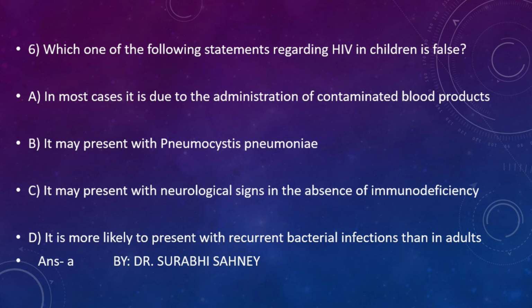Option C, it may present with neurological signs in the absence of immunodeficiency. Option D, it is more likely to present with recurrent bacterial infections than in adults. So what do you think? Which statement is false regarding HIV in children?